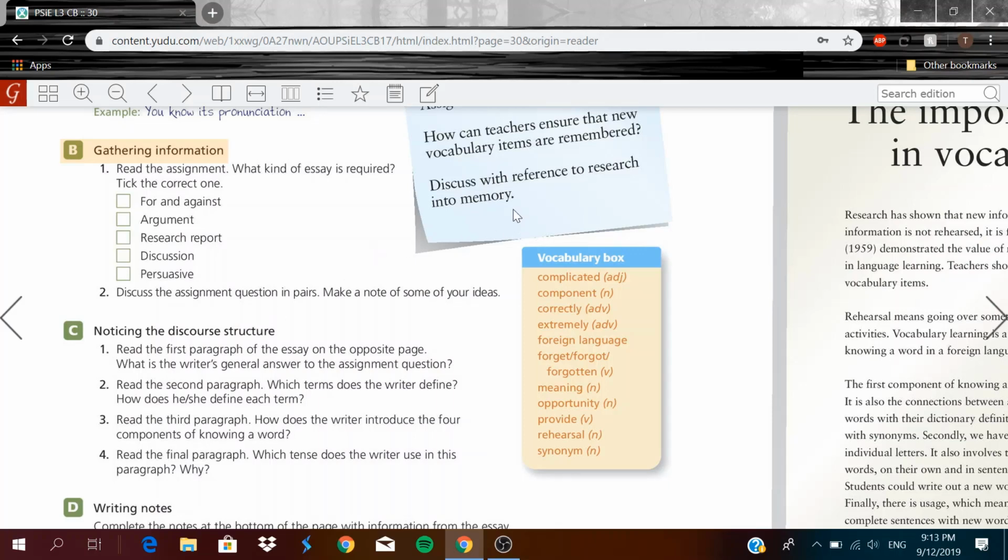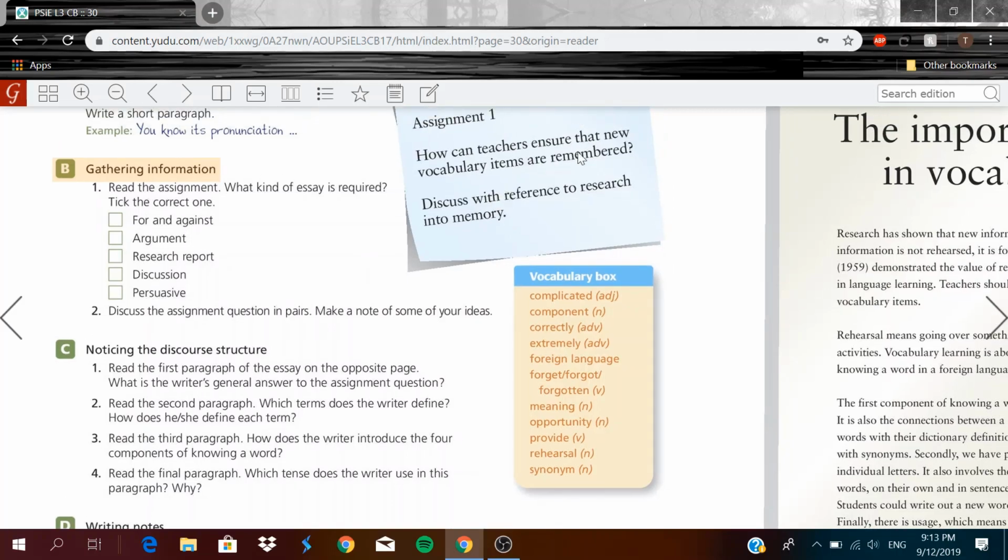Okay. So how can teachers ensure that new vocab items are remembered? For that, I'd probably say that teachers can ensure new vocab items are remembered by constantly revising the grammar, vocab, and spelling of words. Okay, asking students to always repeat words can help words stick, right?